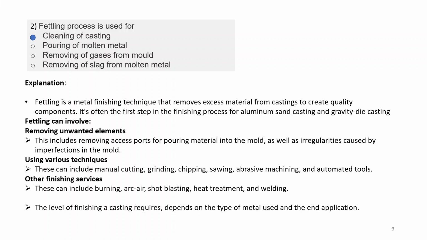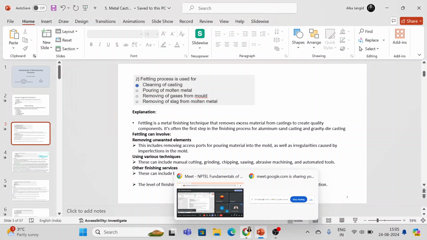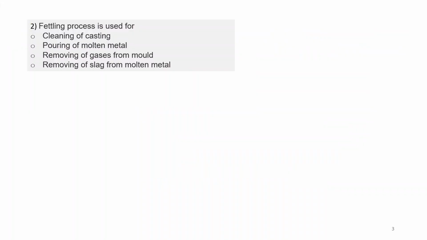If you don't have any query, please mute yourself. Okay, so the second question is, if you know the answer, you can type it in the chat box as well, and if you don't understand the explanation, you can unmute yourself and ask.